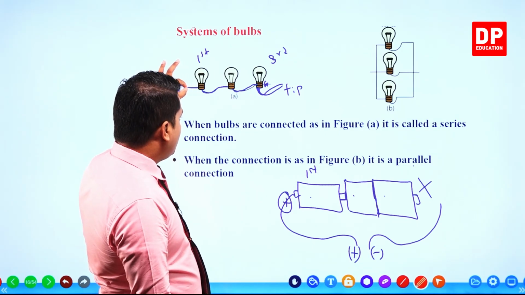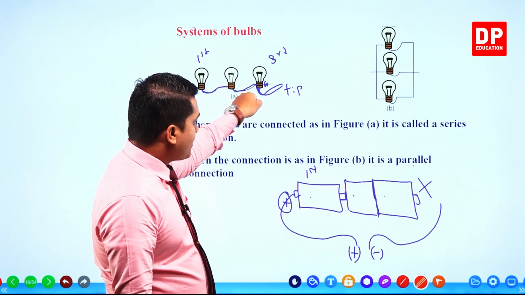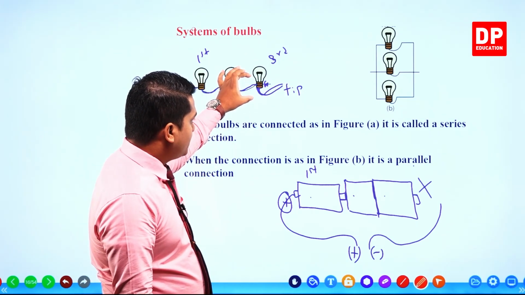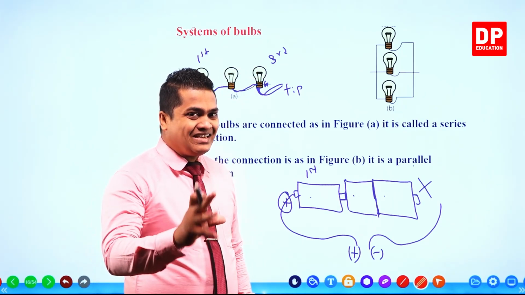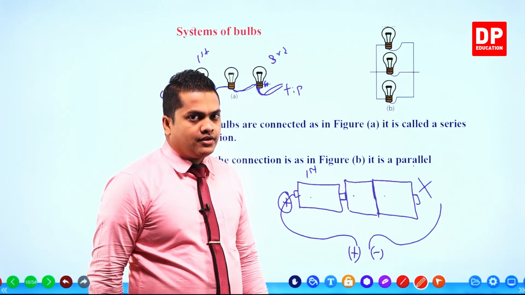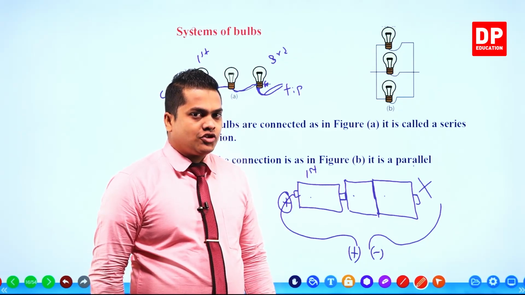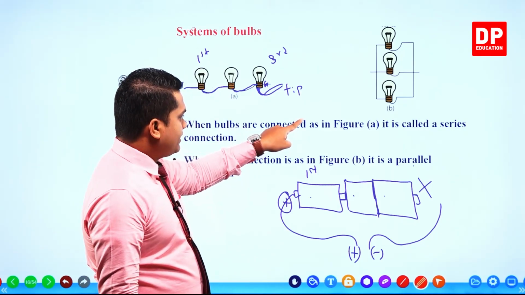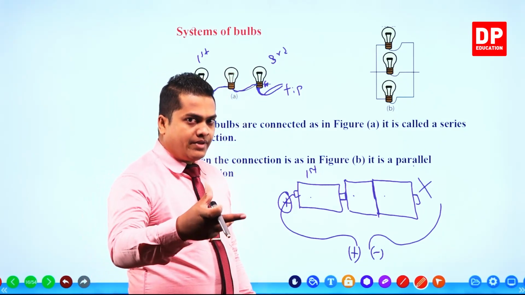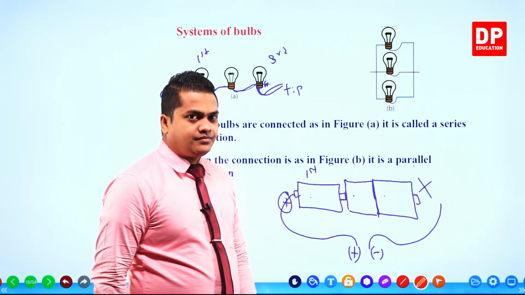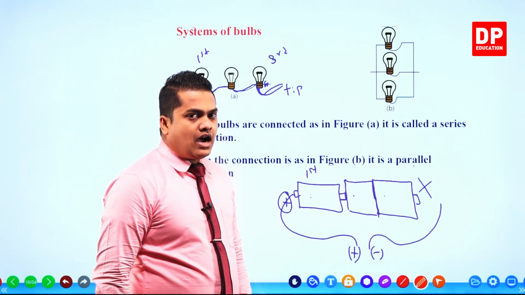One terminal is coming from the cover of the first bulb and from the tip of the third bulb the second terminal comes. So opposite terminals are interconnected with each other. If opposite terminals are interconnected, then it is a series connection. So when bulbs are connected as in figure A, it is called a series connection. Opposite terminals are always together during the connection.